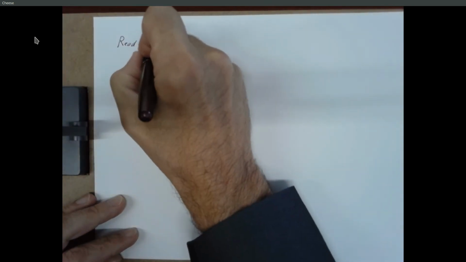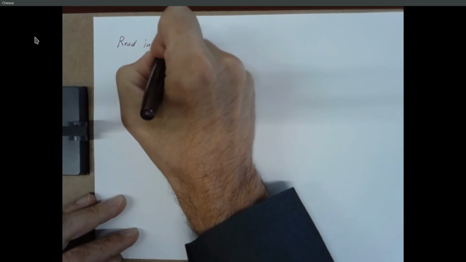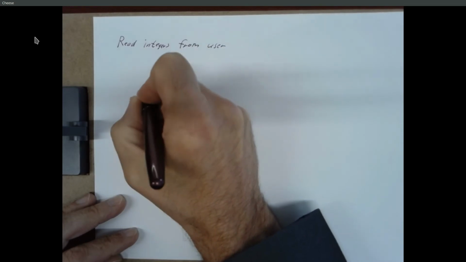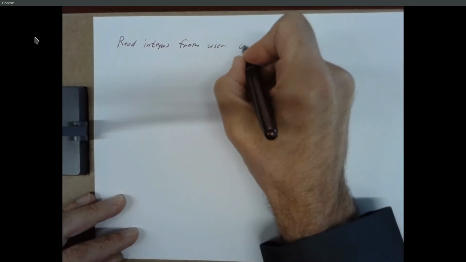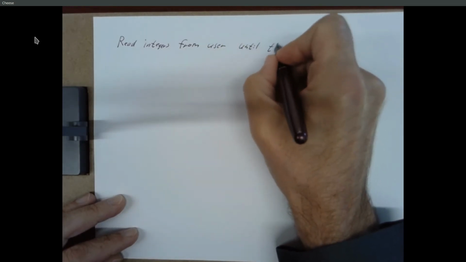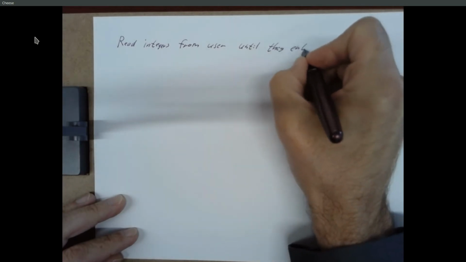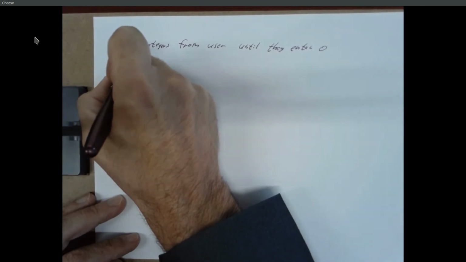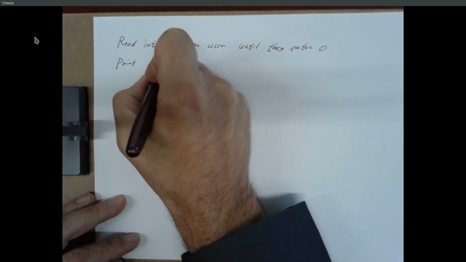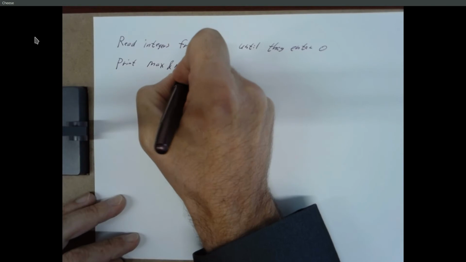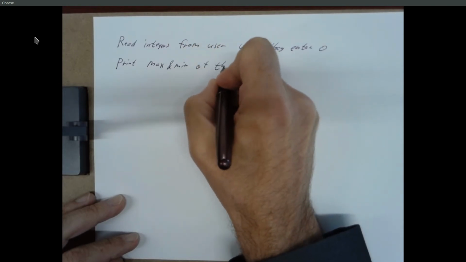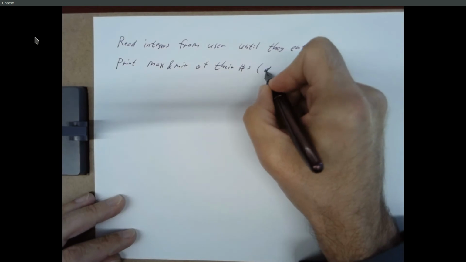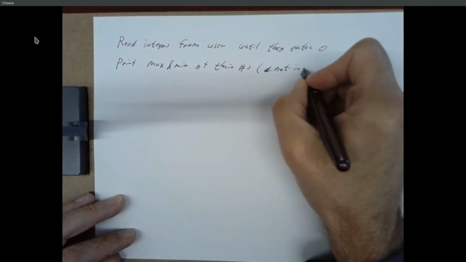So read integers from the user until they enter a 0, and then you want to print the max and the min of their numbers, and not including 0.